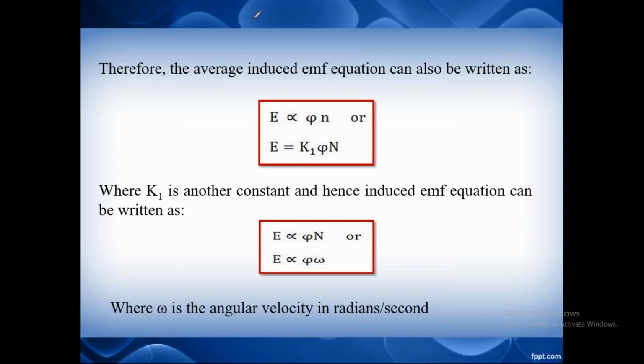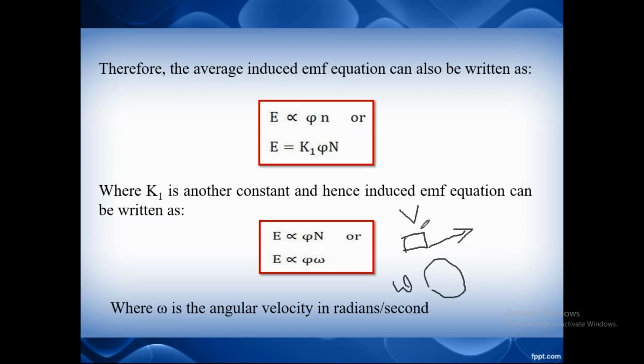I will tell you the difference between velocity and angular velocity. Suppose there is a vehicle moving in this direction, this is called linear motion. When we calculate speed in linear motion, we call it velocity. When the movement is in circular motion, we call it angular velocity.